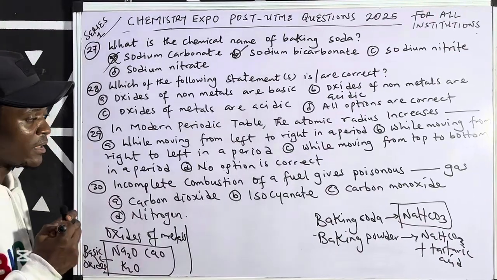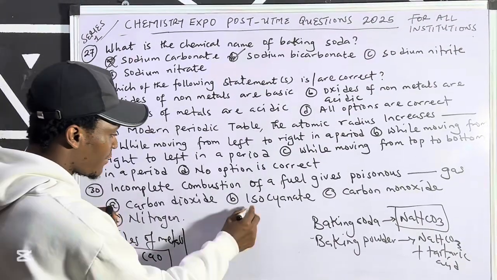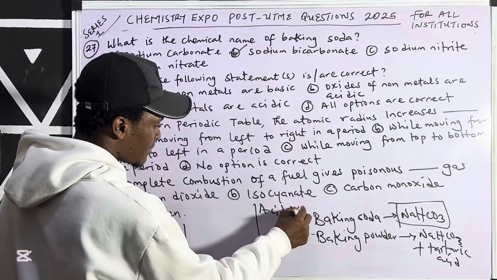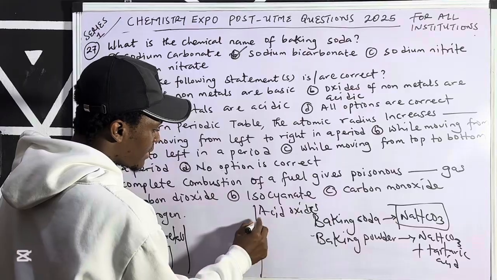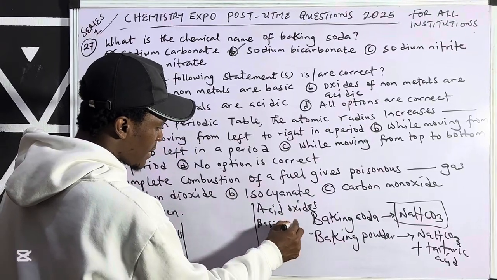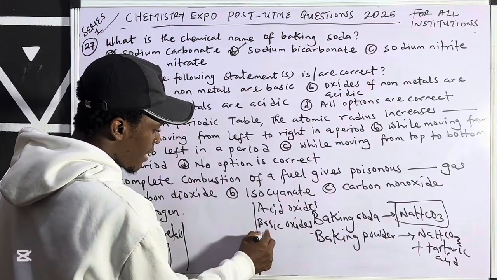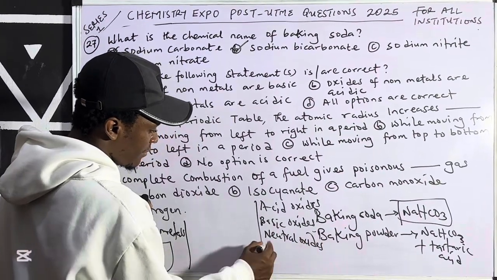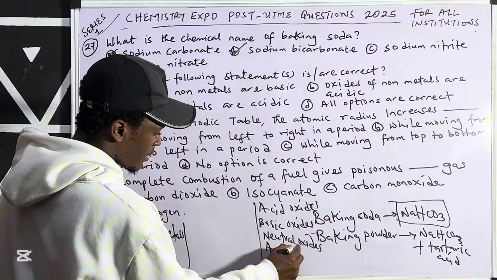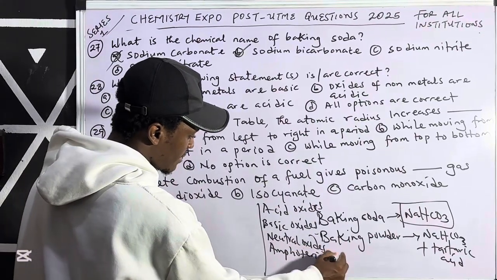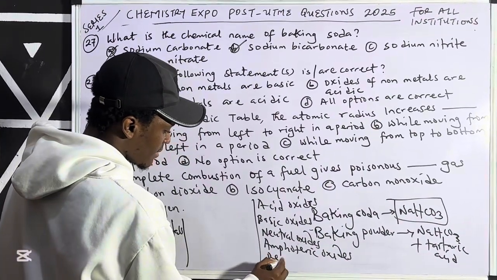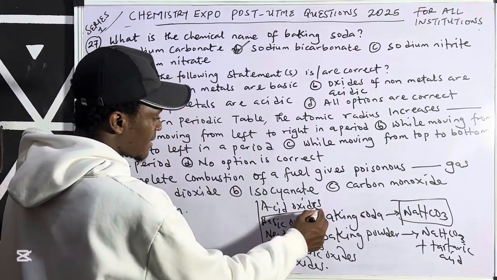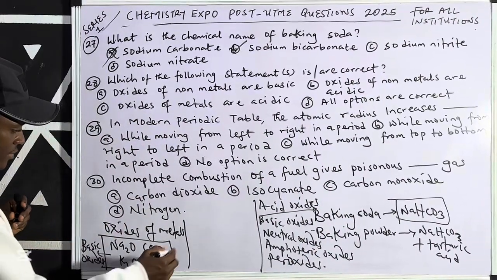Because judging from the 5 types of oxides that we have: we have acid oxides, we have basic oxides, we have neutral oxides, we have amphoteric oxides, and we have peroxides.